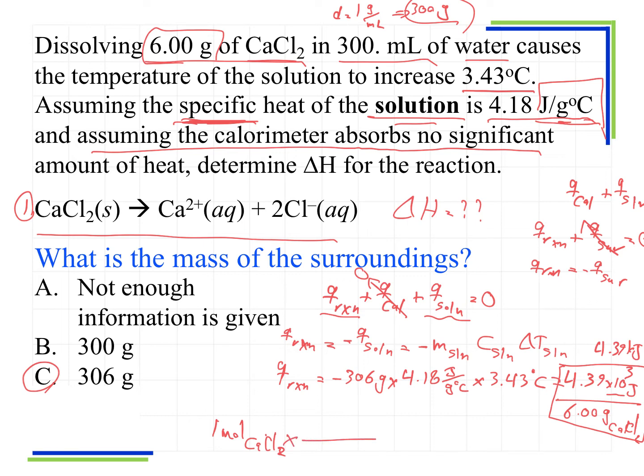So first we have to go to gram, so I don't want the mole of calcium chloride, I want the gram of calcium chloride, and you can use the molar mass.